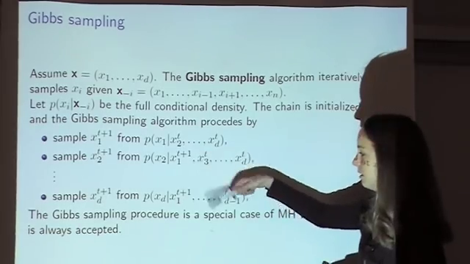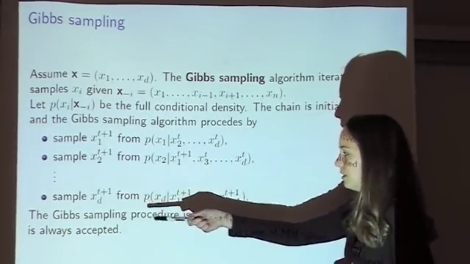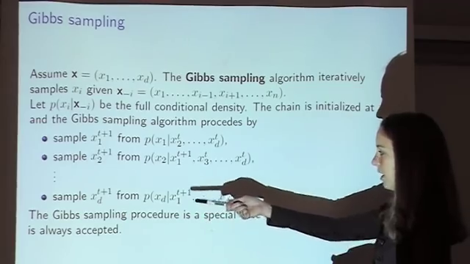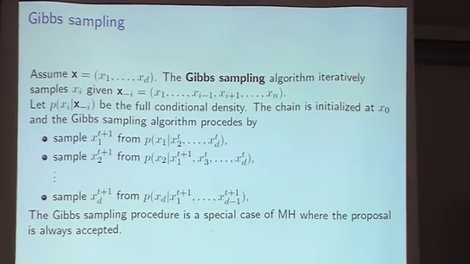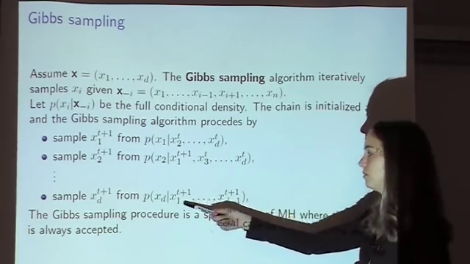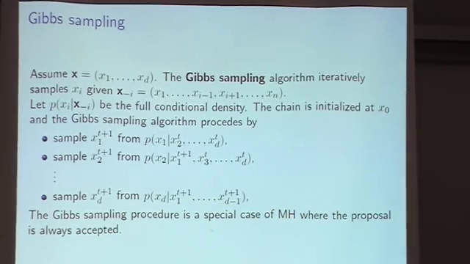Again, we plug this in so that for the last dimension of x, we sample xd given the updated values of all our other variables. So you can show that this Gibbs sampler is a special case of the Metropolis Hastings algorithm where the proposal is always accepted.